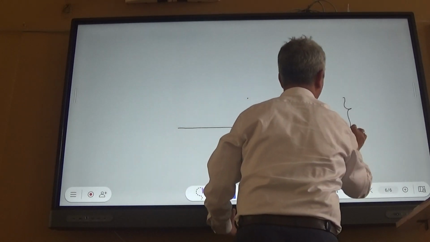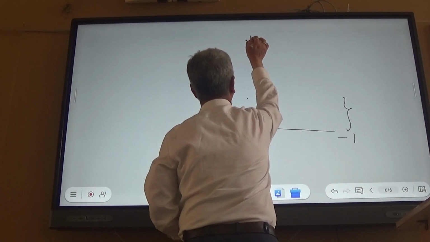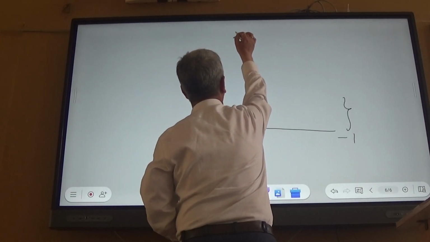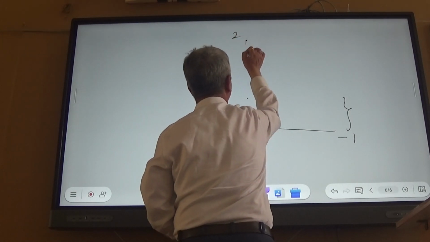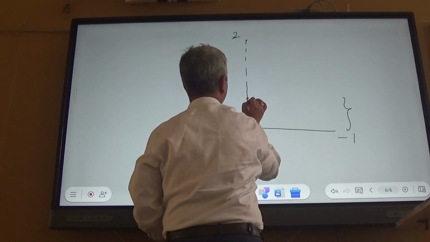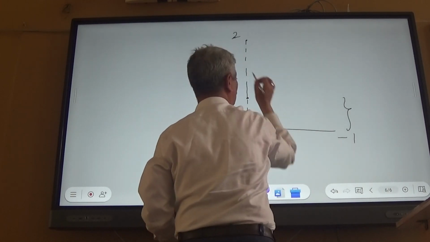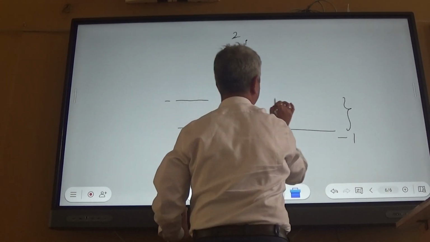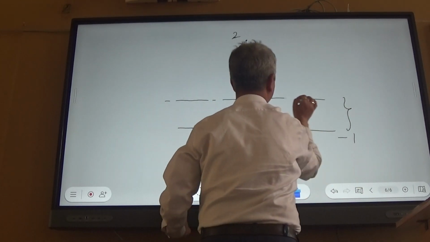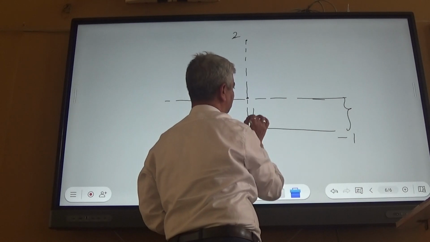So this is -1. This point is 2. So this is origin. So what this is? This is 2. This is -1. So this is 1.